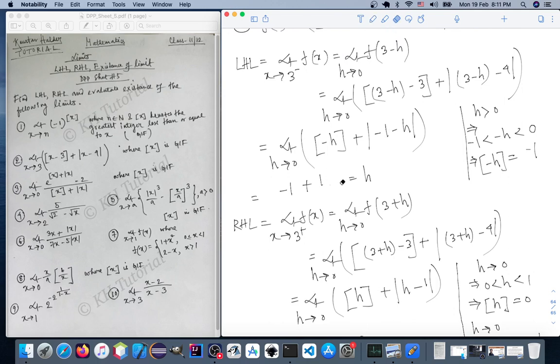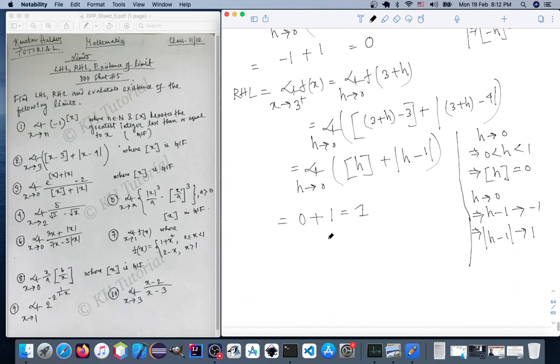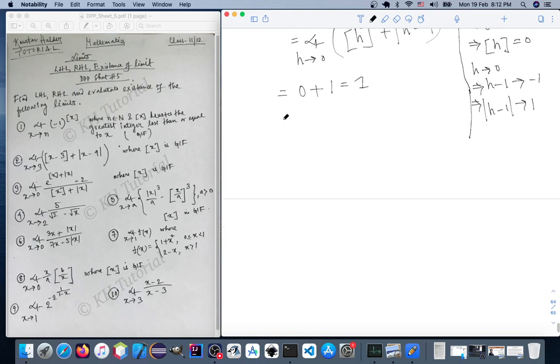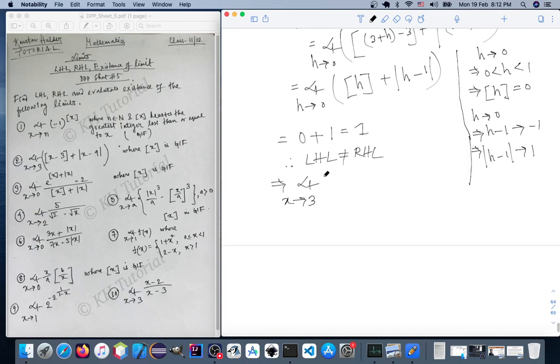This will be 1 and we get the result as 0. So LHL is 0 and RHL is coming 1. Therefore, LHL not equals RHL implies the limit x tends to 3 of f(x) does not exist.